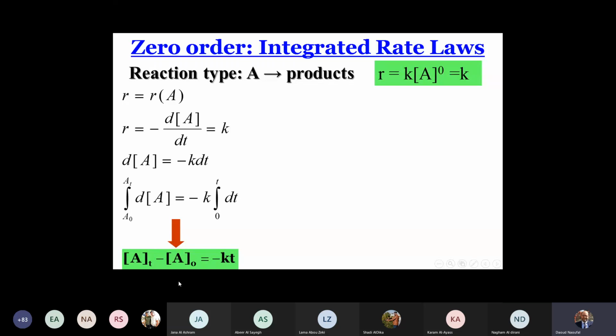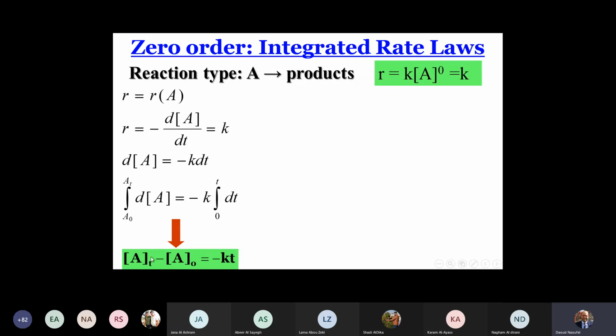This relation is obtained when we suppose that our reaction is zero order. So if the reaction is zero order globally, the variation of A as a function of time is given by At equals A0 minus kt.